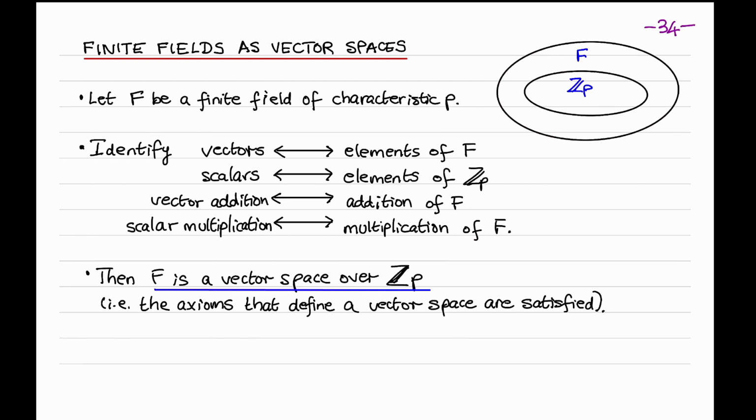One can then check that F is indeed a vector space over the integers modulo P. In other words, the axioms of what it means to be a vector space are all satisfied. These axioms are easy to verify because they are essentially inherited from the fact that F is a field. You can find a list of these axioms in an appendix of the course textbook.